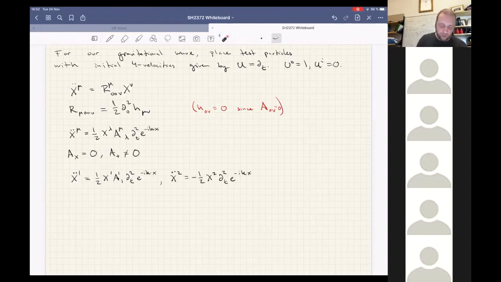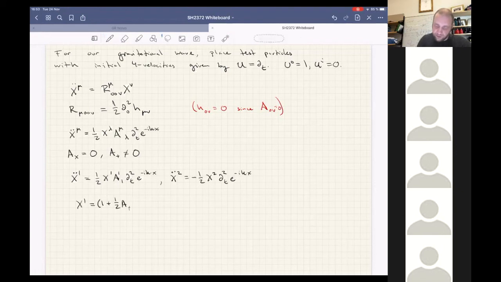Now I'm going to work in a limit where x does not change very much, because we have already assumed that we are in a weak field. So then this essentially tells us that x is approximately equal to 1, and we have a small perturbation to that. We have a second time derivative there, this is approximately constant, so we can immediately pick out what the perturbation to x1 is. So this is going to give us that x1 is in essence going to be 1 plus 1/2 a plus, which is this a11.